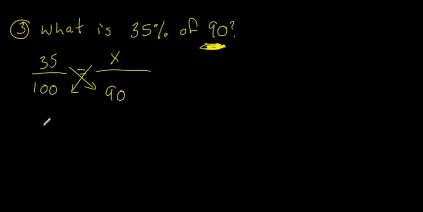A little quick math here. 35 times 90 is 3,150, says the calculator. And 100x, okay, because we multiplied the x times 100. All right.